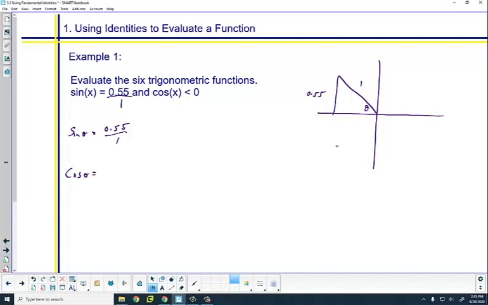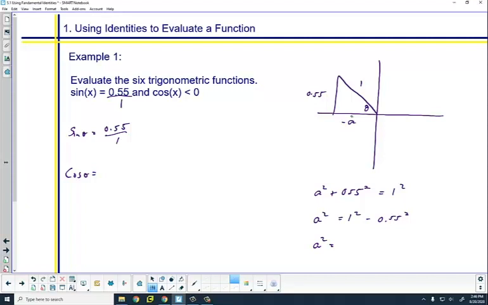Now we can find cosine. We can find cosine using the Pythagorean identity, sine squared plus cosine squared equals 1. Pretty easy. We have a squared plus b squared equals c squared. So a squared equals 1 squared minus 0.55 squared. Remember, a is this right here, and it's going to be negative. That's the biggest problem with this.